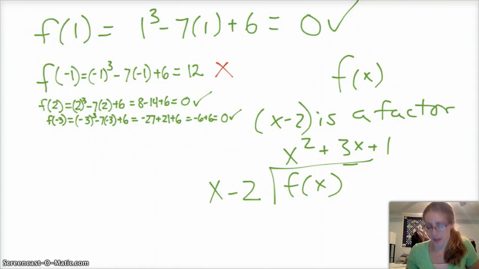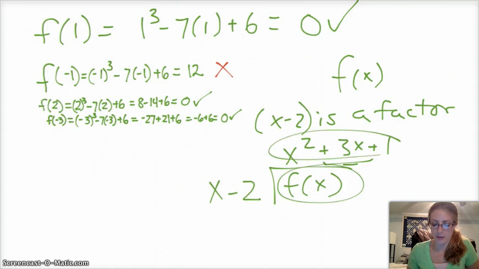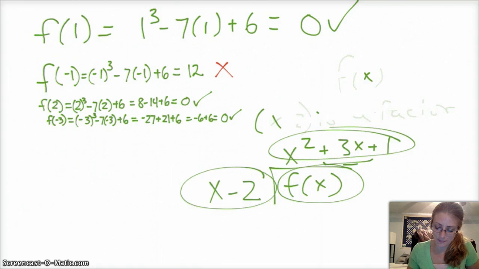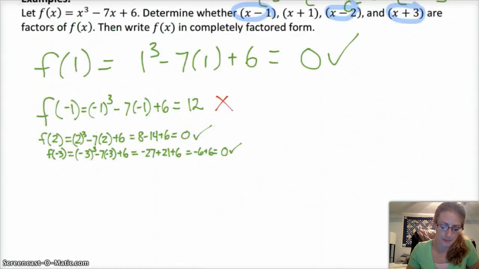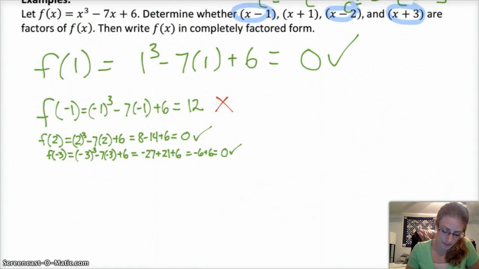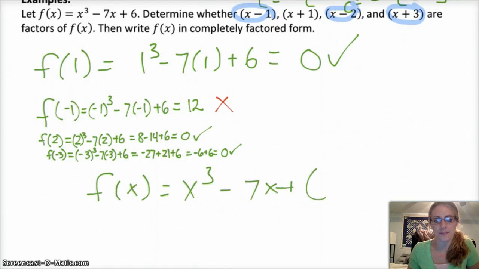You know now that you can write f of x as x squared plus 3x plus 1 times x minus 2. Okay, so in this case, I'm going to actually just show you one step of this real quick. But we started with f of x, which is x cubed minus 7x plus 6, right?